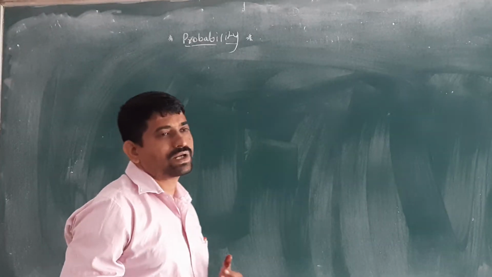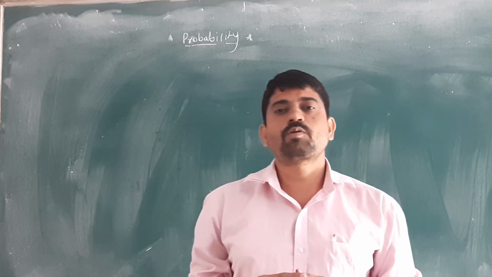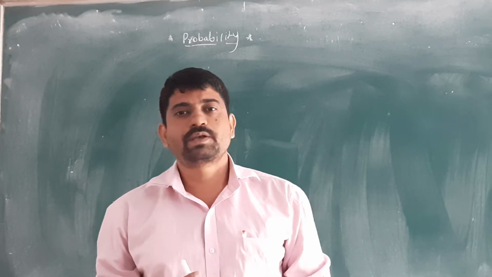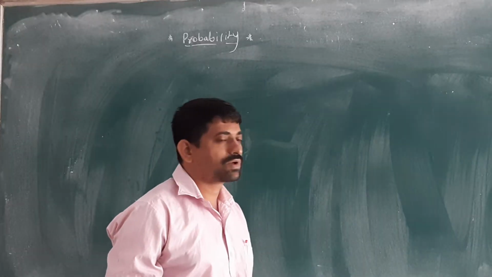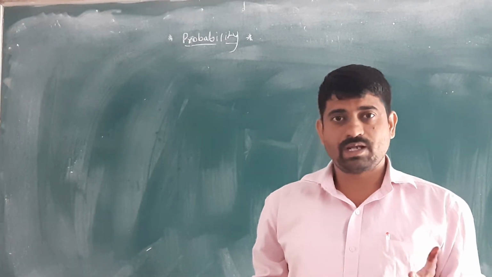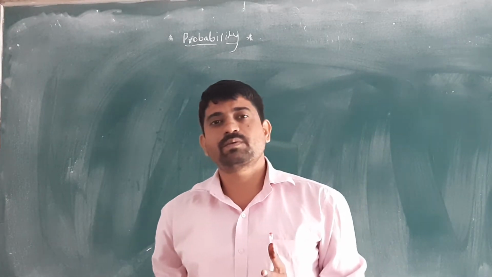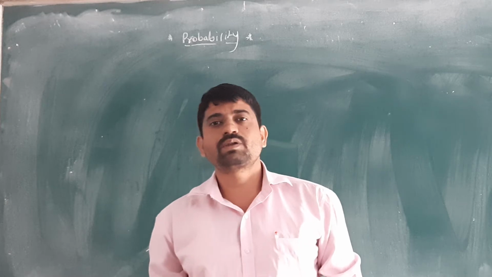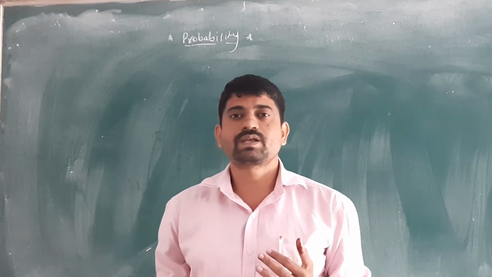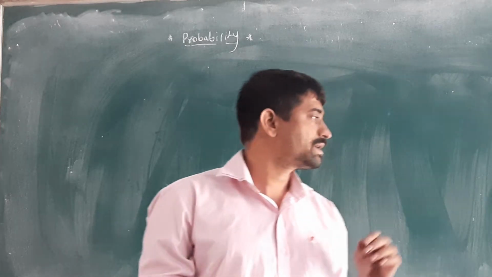How to calculate that uncertainty with the help of mathematics, that thing we will learn in probability. Okay, you know the example of the coin. You will get the head or tail. This is the probability. And how to calculate the probability of two events with the help of joint events. Okay, we will see the details.